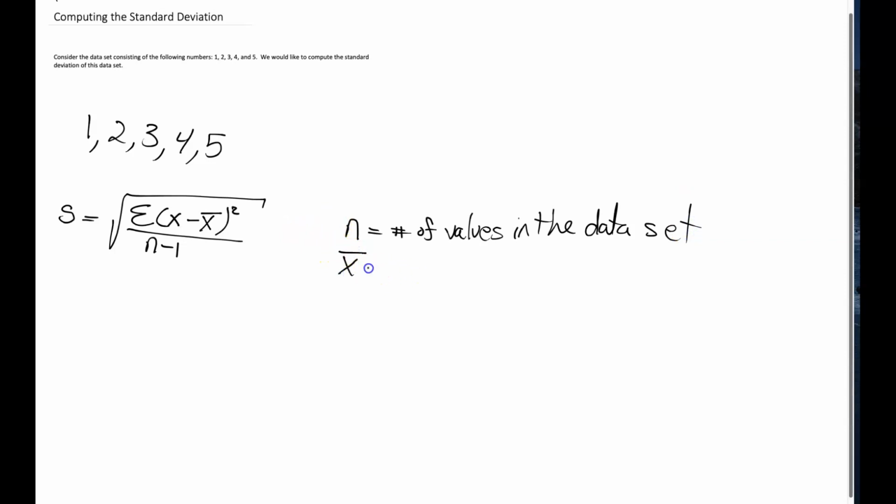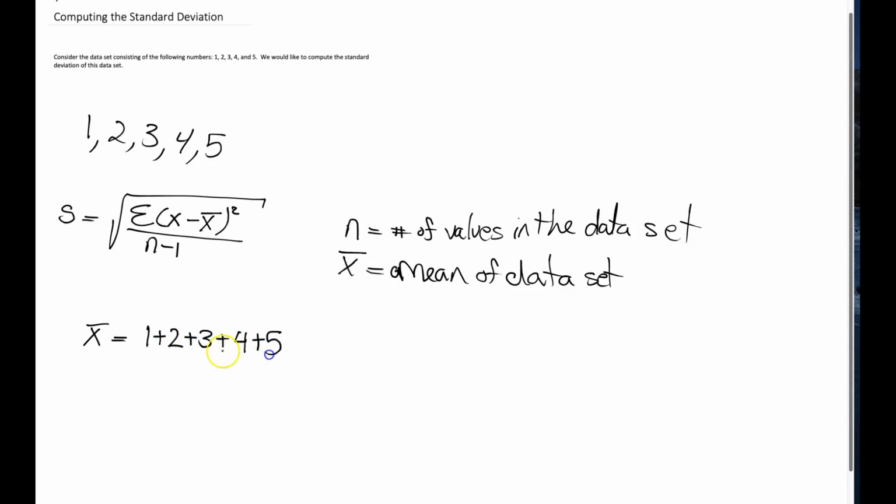x bar is the mean of the data set, and so the first thing we will have to do is find the mean, x bar, and x bar is the sum of all of the values, so 1 plus 2 plus 3 plus 4 plus 5 all over the number of values we have, so 1, 2, 3, 4, 5, n equals 5.